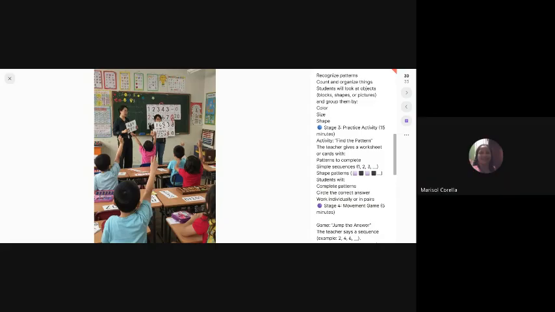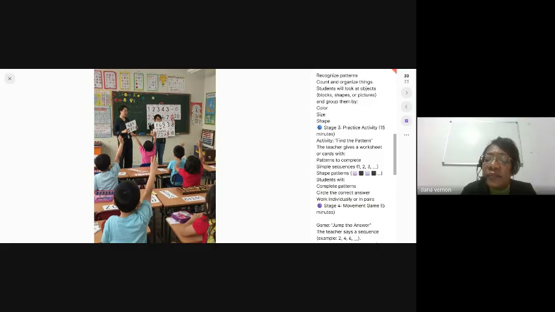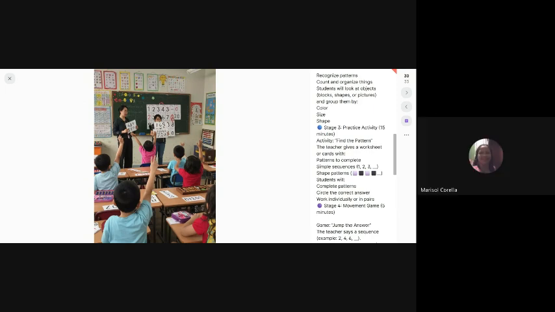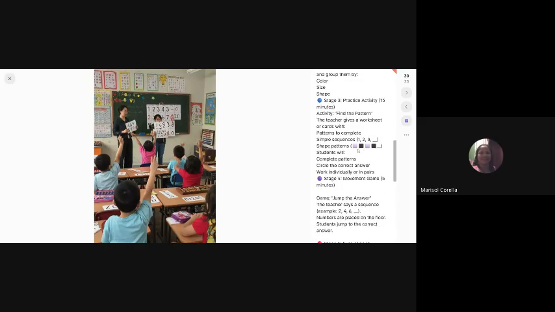Number three, a practice activity for 15 minutes. Continue. The activity: find the patterns. The teacher gives worksheets or cards with a pattern to complete, a simple sequence, for example the numbers 1, 2, 3 that show the patterns.